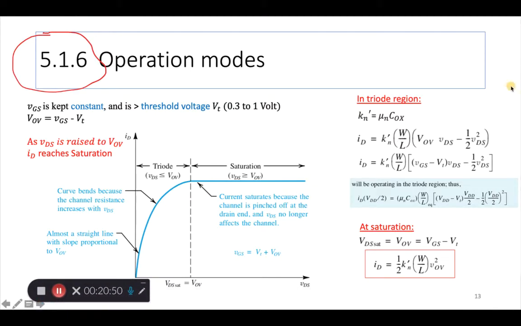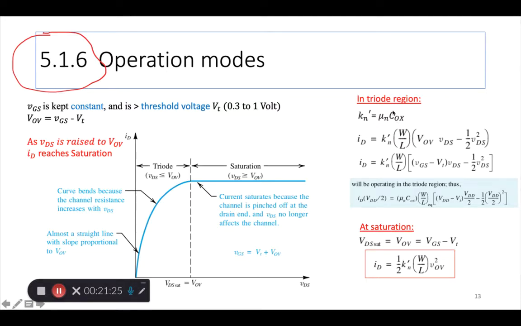is given in the textbook, and I thought before we get too confused about how to find overdrive voltage and TPHL, TPLH and all that, we should get ourselves familiarized again with these relationships for drain current and for saturation voltage and all that. So I brought this slide back from our chapter 5 notes, 5.1.6.